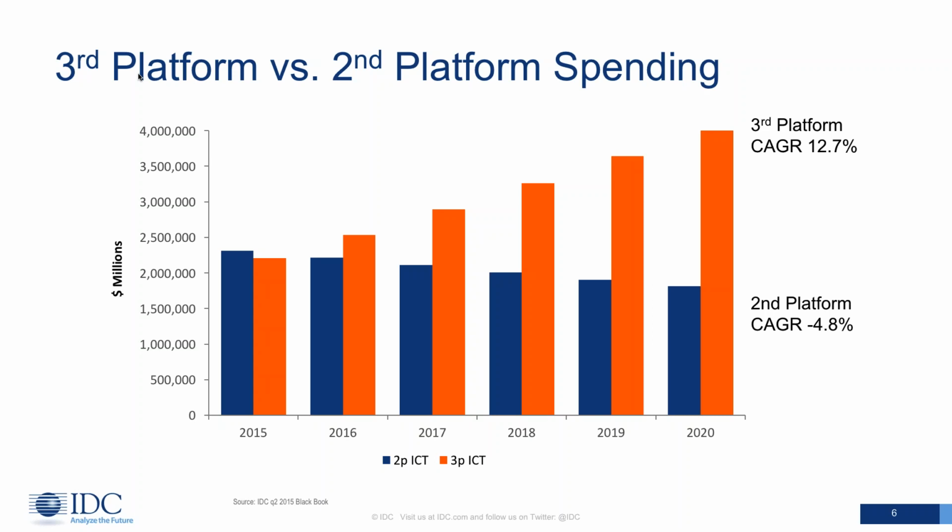These legacy applications and the technologies that support them aren't going away. They'll still be around, but that's not where the growth will be found, and it's also not where the career opportunities will be. The growth and the opportunity for IT professionals and your organizations is clearly in the third platform. And I think it's important to note. You can see it starkly laid out on this slide.